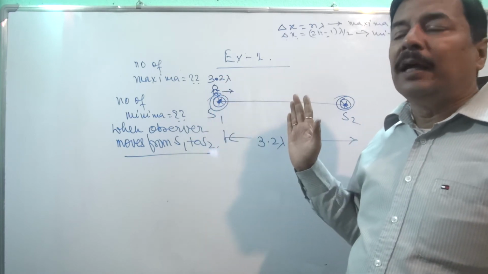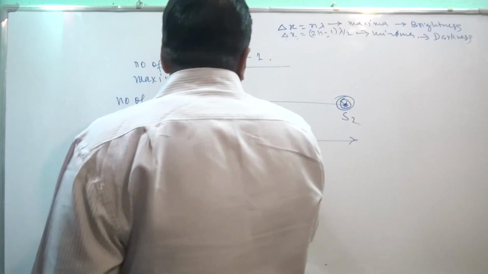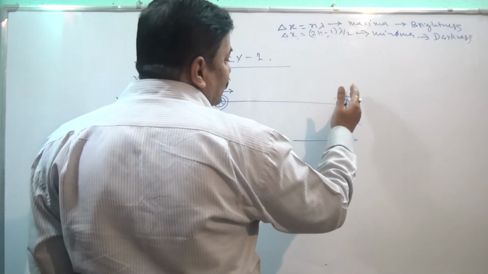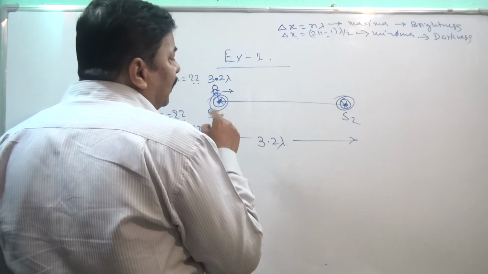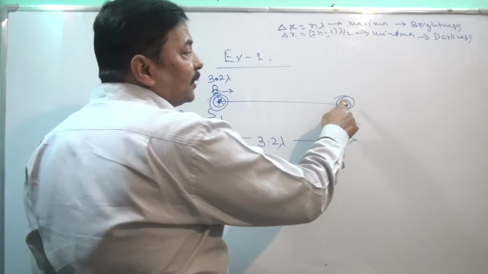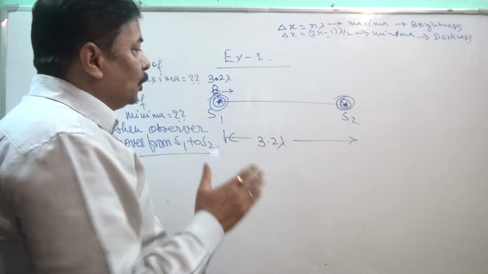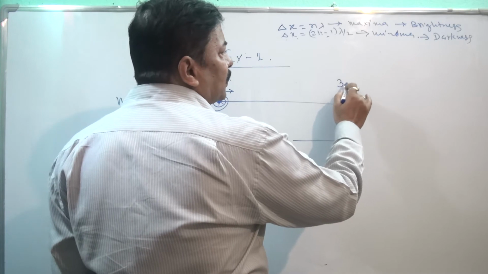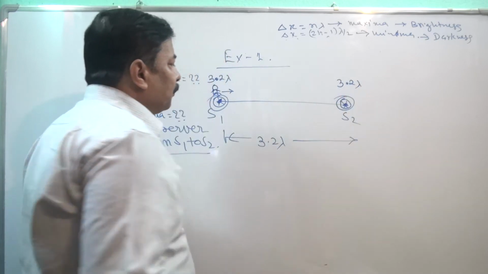Similarly, if we consider the point here, this wave has traveled the distance 3.2 lambda and this wave has not traveled any distance. So here also the path difference is 3.2 lambda.